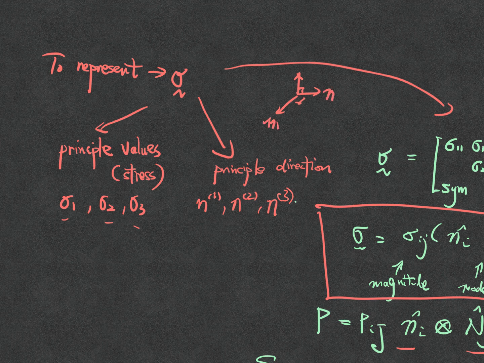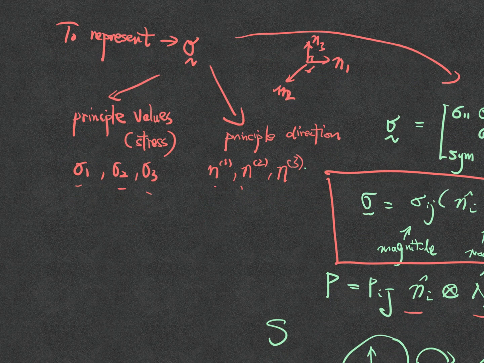N1, N2, N3. Any 2 vectors combined will span a plane, and any 3 vectors will span a volume, okay? You understand what I'm saying?